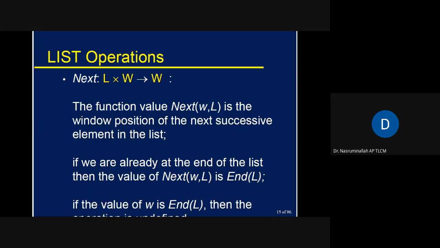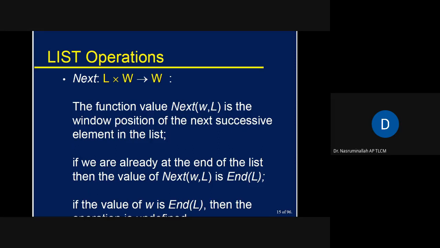Conceptually it might be clear, but let me explain. If you are at the first element in the list and you pass the list and the window of the first element to this function, this function will move you to the second element. If you are currently at the second location, this operation will move you to the third location, and so on and so forth.